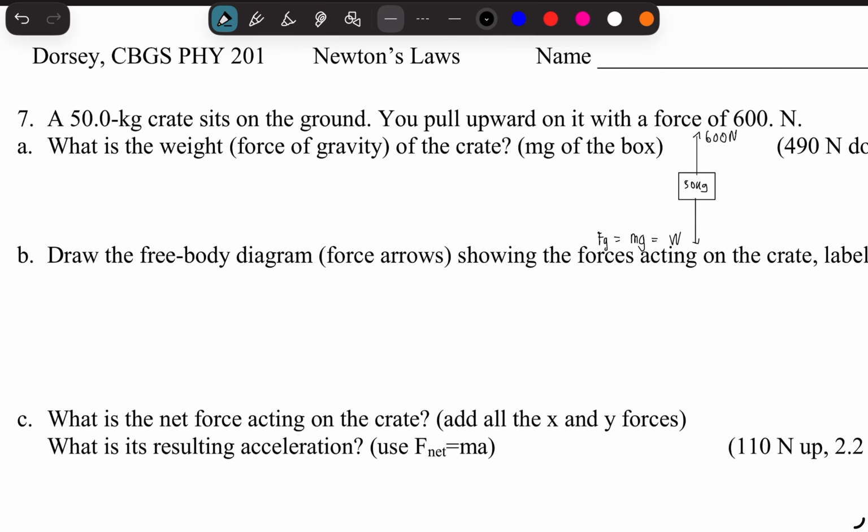Now we know that m is equal to 50.0 kilograms. F of your pull is 600 newtons up. Fg is equal to mass times gravity. Fg is equal to 50 times 9.8. That will equal 490 newtons down.